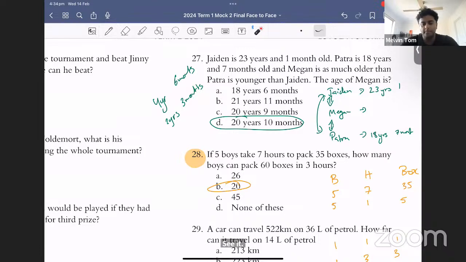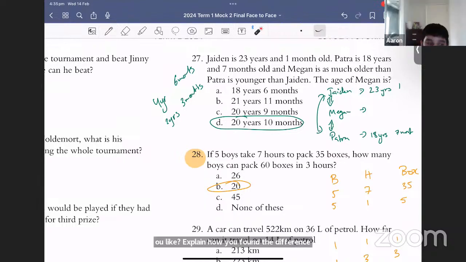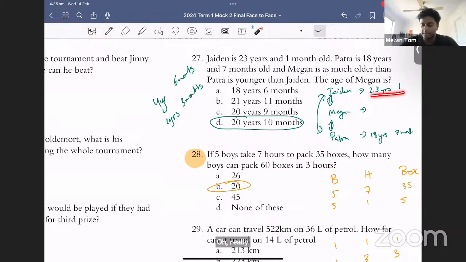What I meant is, can you explain how you found the difference? Because I couldn't hear you then. Oh, really? So you just do subtraction. You just do 23 years and 1 month minus 18 years and 7 months. So you subtract them and then you'll get 4 years and 6 months. Okay, thank you.